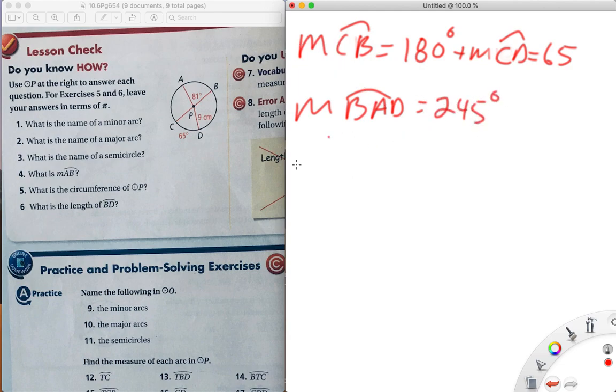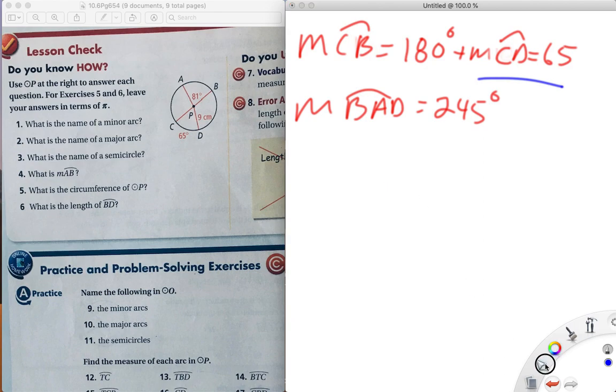So that's number two. My fault. And then the name of a minor arc, which is number one, we could just say CD, which is 65 because it's less than 180 degrees.